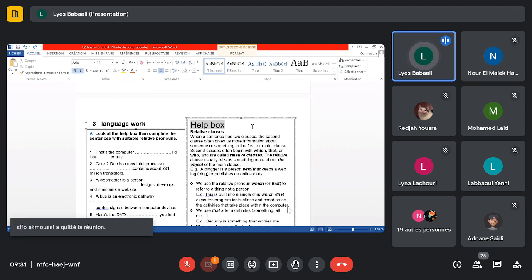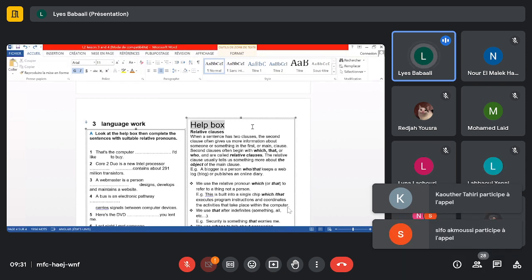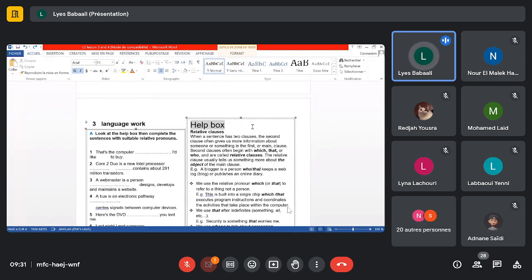So let's try to find an example. A blogger is a person who keeps a weblog, a blog, or publishes an online diary. Notice that here the main clause is "a blogger is a person," and "who keeps a weblog" is the relative clause.